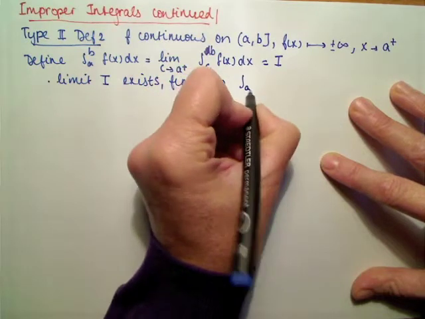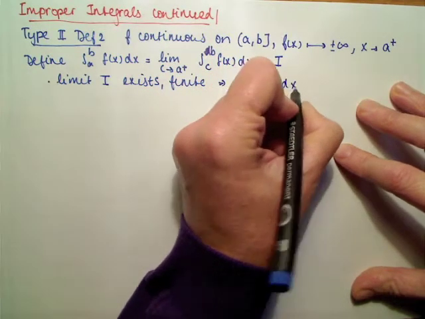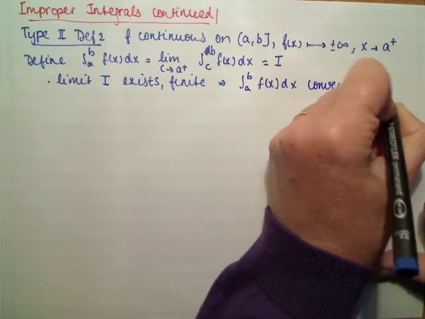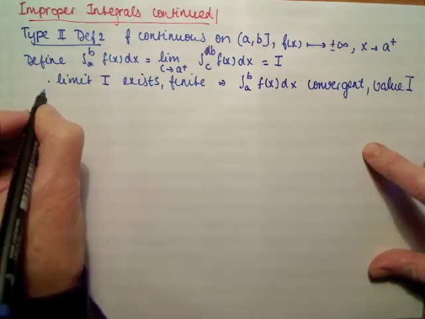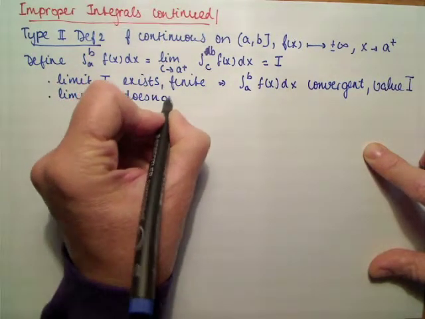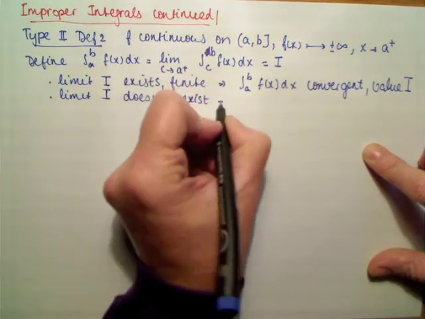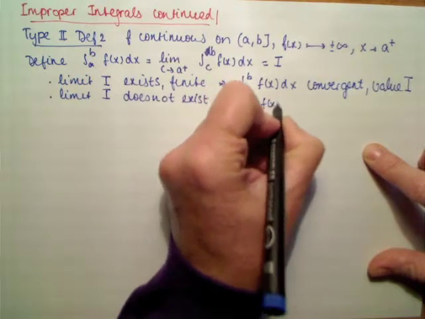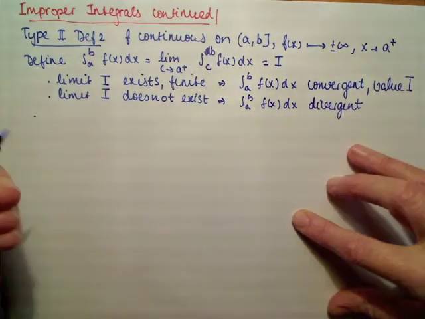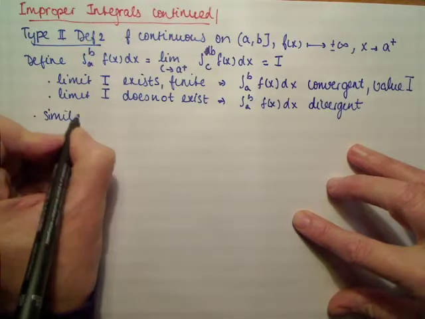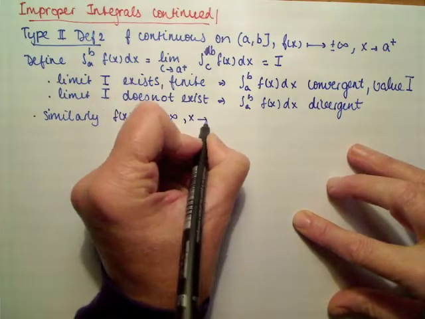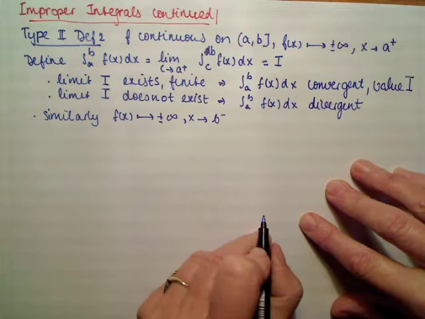Then we call this improper integral convergent, and we give it the value I. And in case the limit does not exist, then we call this improper integral divergent. We can define the situation where f of x converges to plus or minus infinity at the right point of the interval in a similar way.